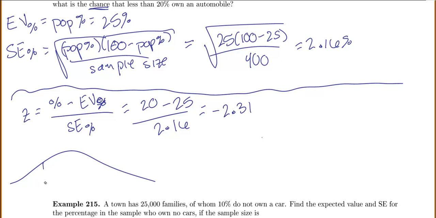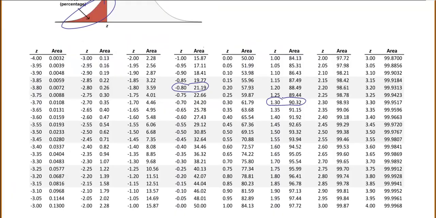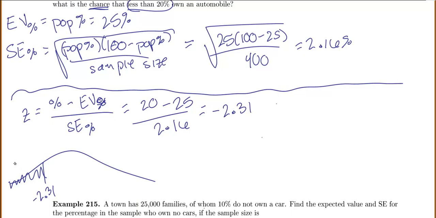And then if I was to draw the picture, here's my negative 2.31, and we want the chance that less than 20%, so I'm going to want the area to the left. Let's go to the normal table and look up negative 2.31. The closest is this negative 2.3, with the area to the left being 1.07%. So that's my final answer.